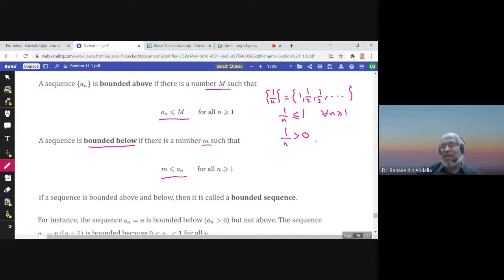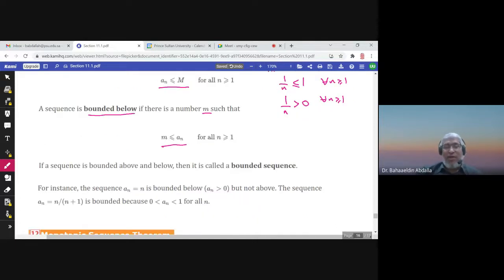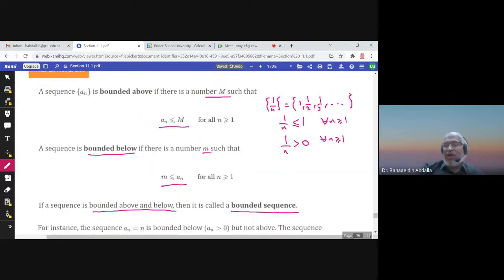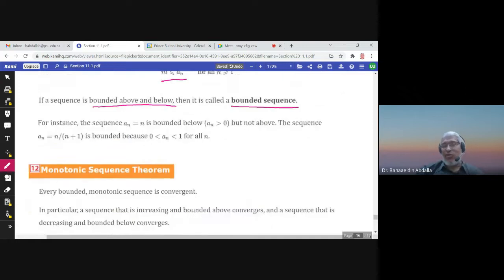It's greater than 0 for all n greater than or equal to 1, because all the numbers here are positive. So this sequence, 1 over n, is bounded above by 1 and bounded below by 0. If the sequence is bounded above and below, we call it a bounded sequence. So 1 over n is a bounded sequence.